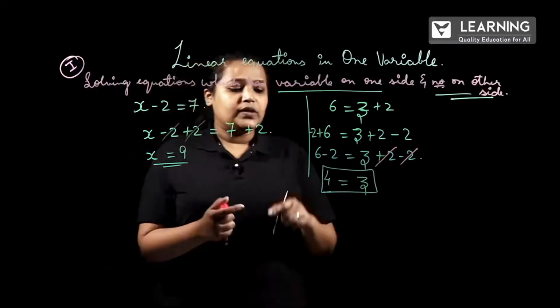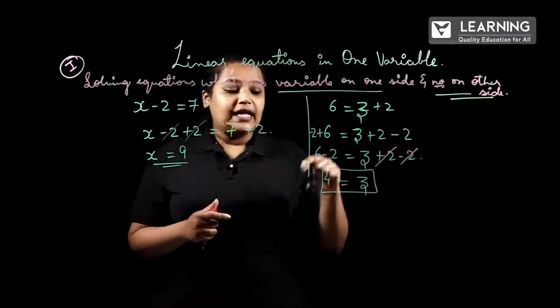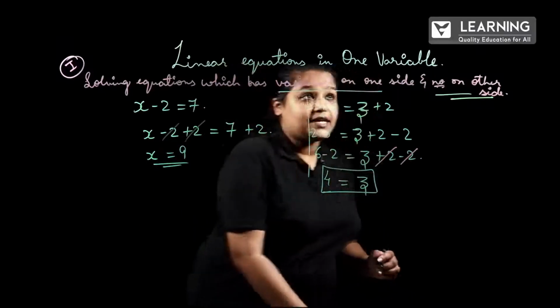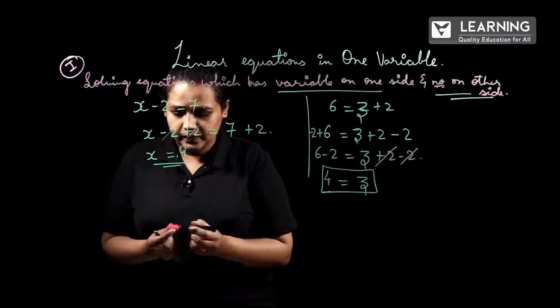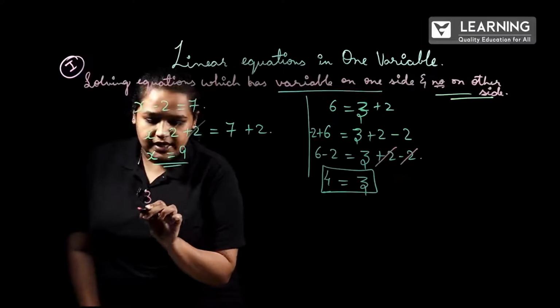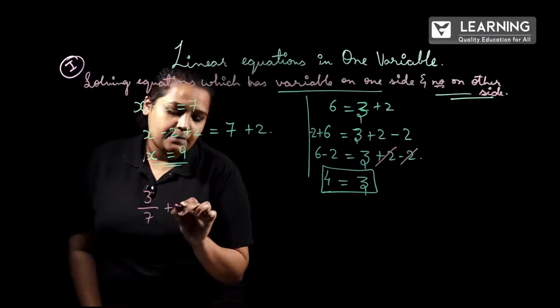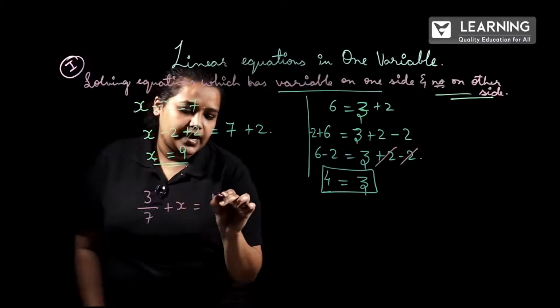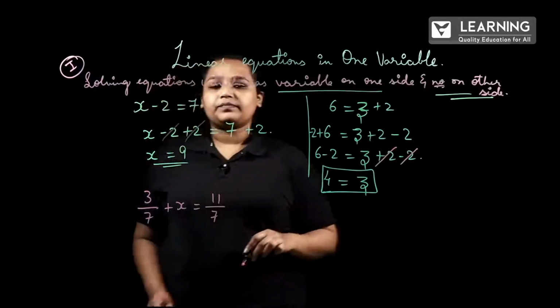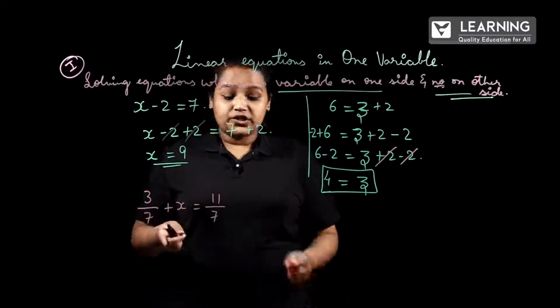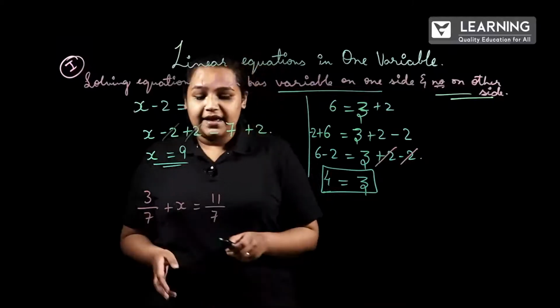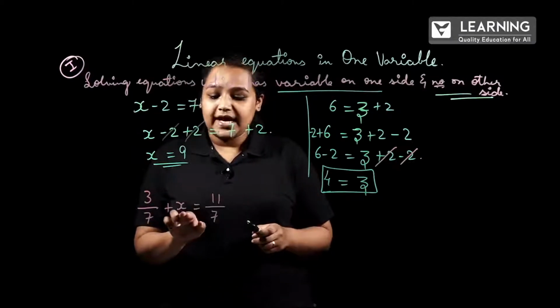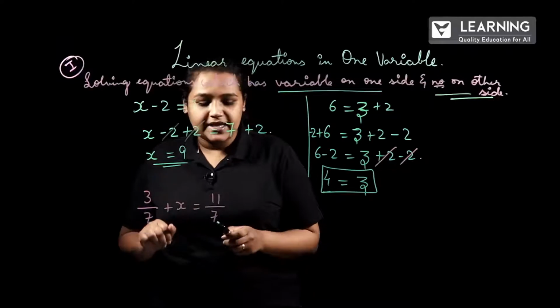Now we'll move a step ahead, and the exercise question I'll be taking is 3 by 7 plus x is equal to 11 by 7. So we understood the question is 3 by 7 plus x is equal to 11 by 7.